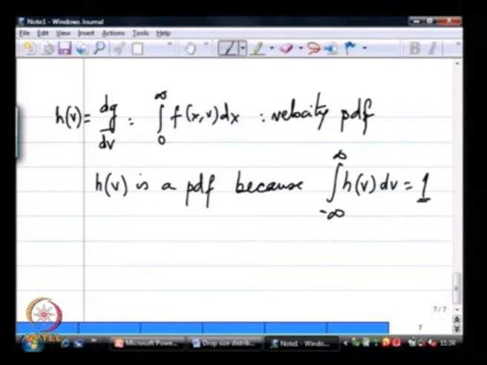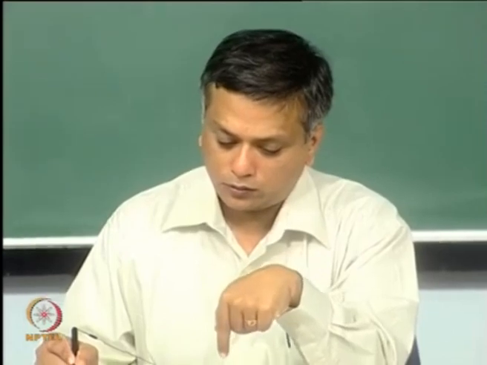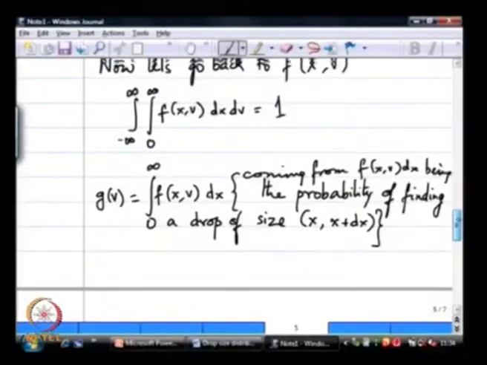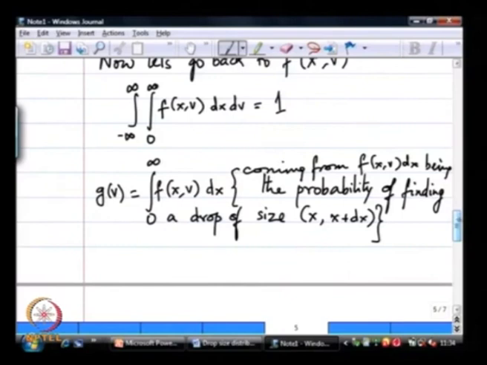this is automatically satisfied. This is actually coming from our basic definition that the integral of f of x comma v dx dv is equal to 1 over both the ranges. So, if I just take this part, and if I call that some new function h, the integral still remains 1.